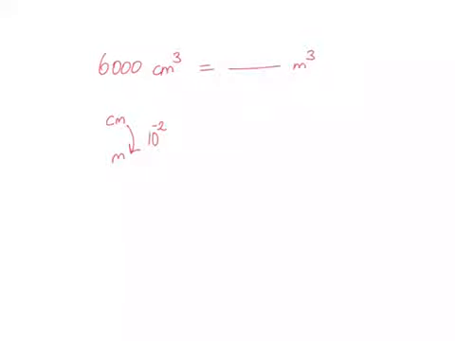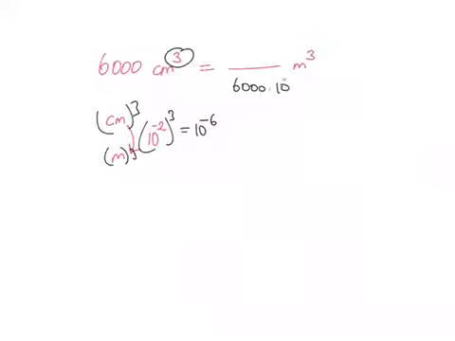So here the cube is also take the cube of it. So it will be equal to 10 to the minus 6. So 6,000 times 10 to minus 6 which is equal to 6 times 10 to minus 3 meter cube.